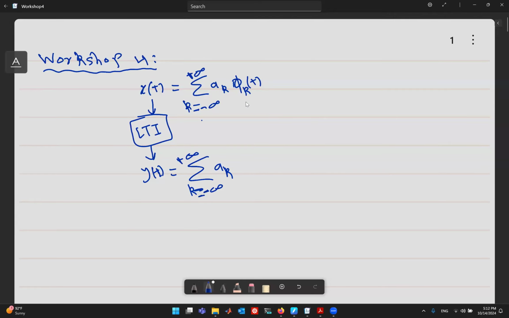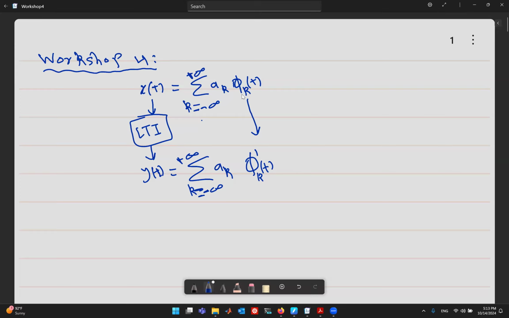And then we will have phi prime k, which is the output when phi_k is the input. So the output will also be a linear combination of those outputs corresponding to those inputs.